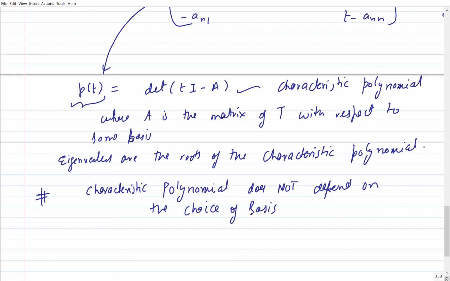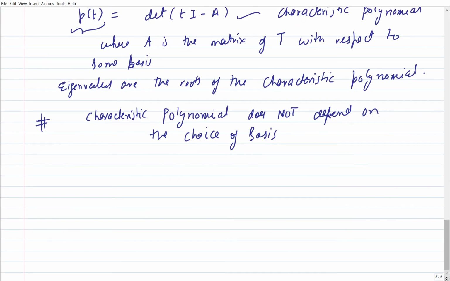Why, you may ask? Well, the characteristic polynomial essentially gives us the eigenvalues. Eigenvalues are properties of a linear transformation. It shouldn't depend upon the basis. That's a simple explanation. The other thing is you can explore the determinant. The determinant is nothing but tI minus A.